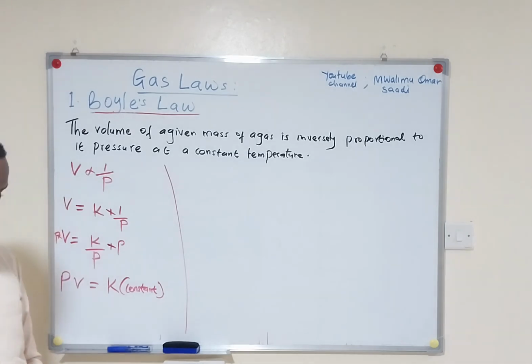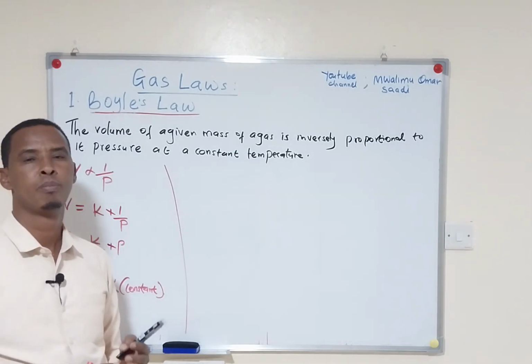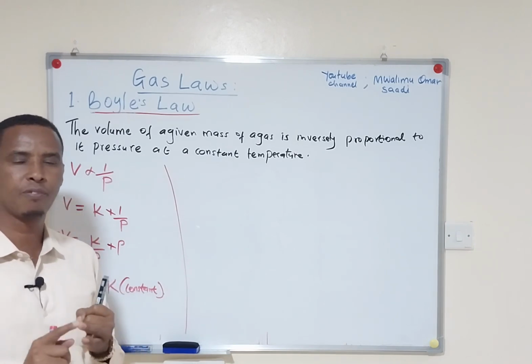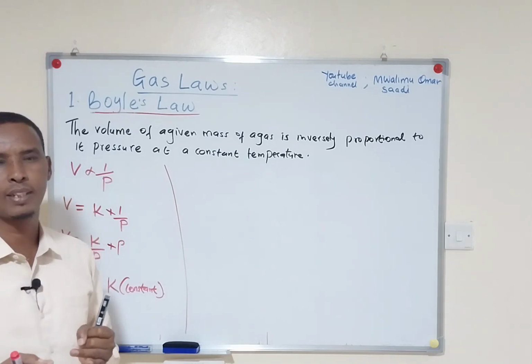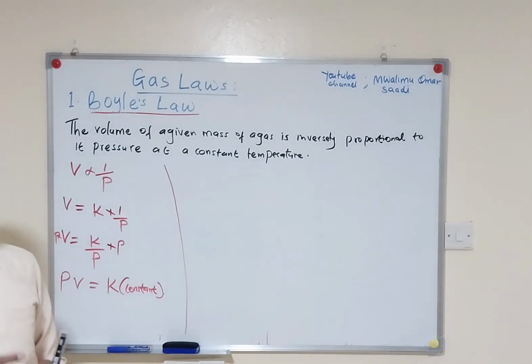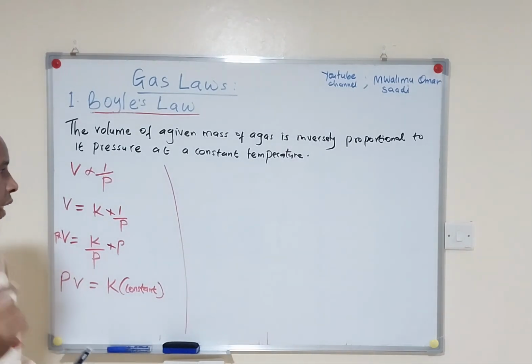So that means when the volume of the gas changes from V1, that is the first volume, to V2, that is the second volume, the pressure will also change from P1 to P2.